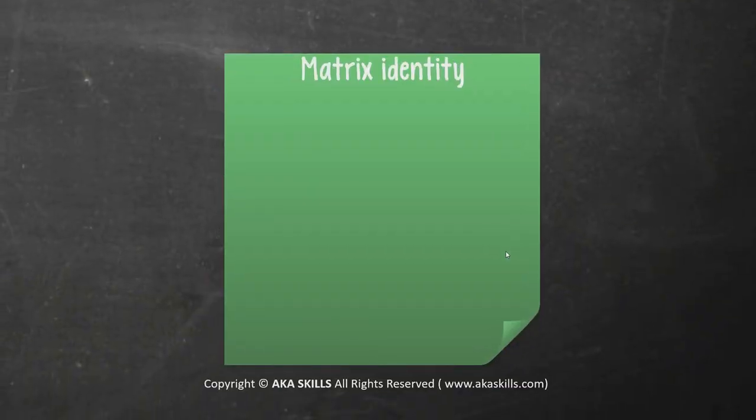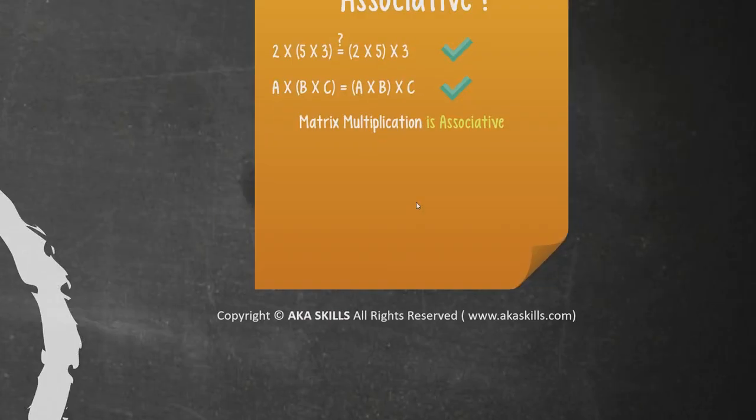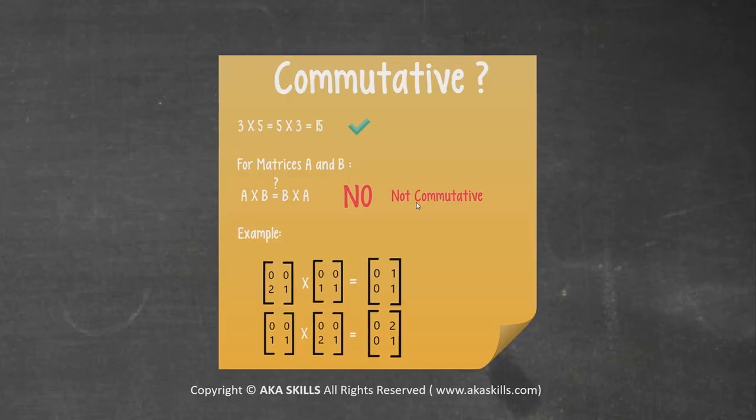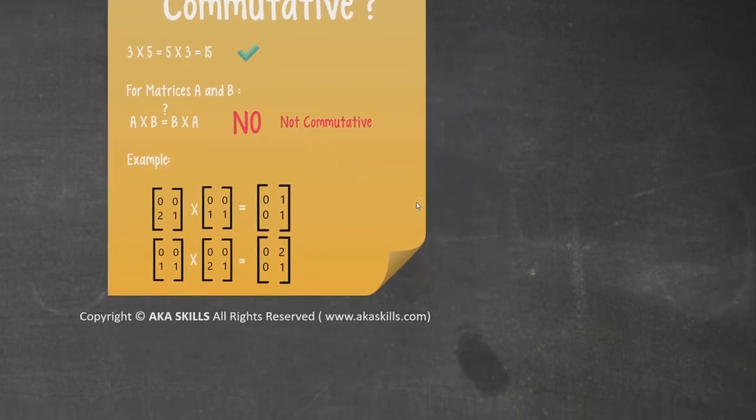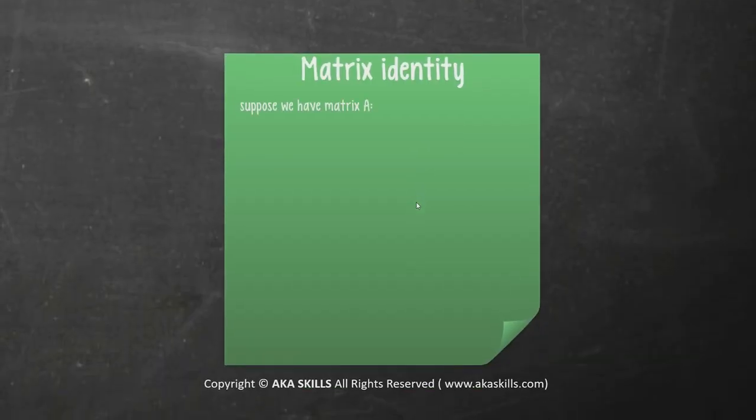Now, what's the matrix identity? Suppose we have a matrix called A. 1 multiplied by A is equal to A multiplied by 1, which equals A. So when we go back to the question, is matrix multiplication commutative? We said totally no, but there is one exception: the identity matrix.